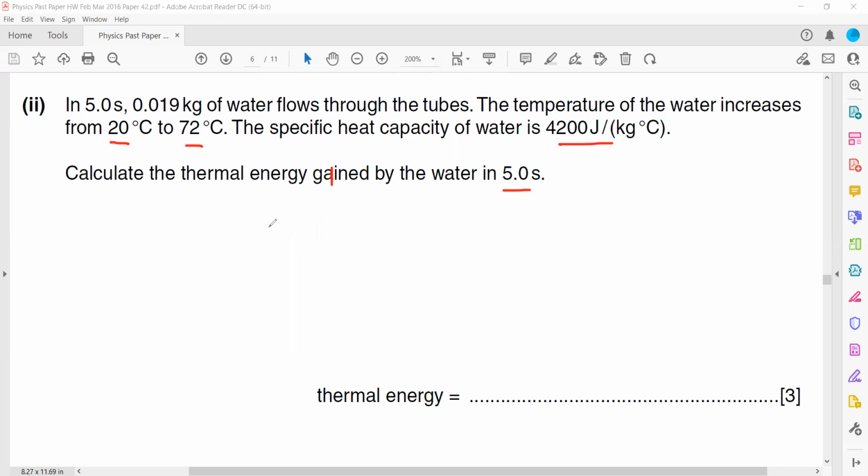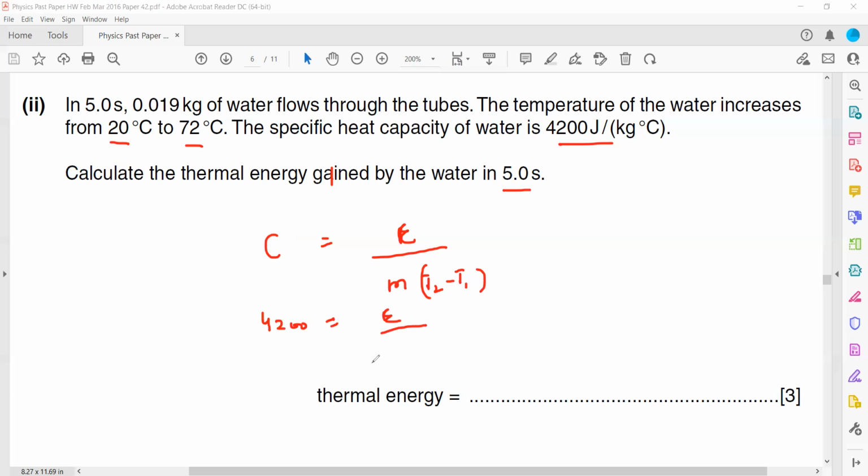The formula which relates energy and specific heat is C equals E divided by m delta T, where delta T is T2 minus T1. The specific heat is given as 4200. E is the energy which we are finding.